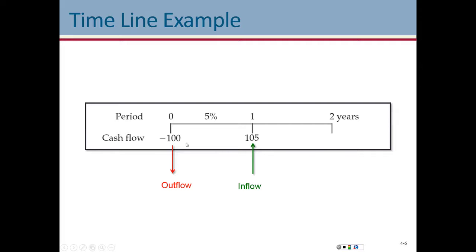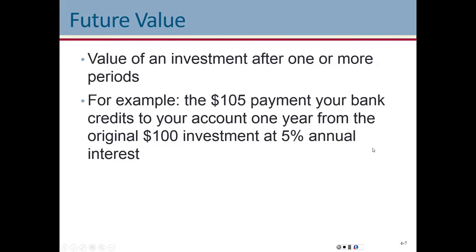We know how much money is coming out and how much is going in. The one coming out has a negative sign because it's money going out of our pockets, and coming in is positive. In this case, we invested $100 today, earned 5% in 1 year, and at the end of the year we got $105.